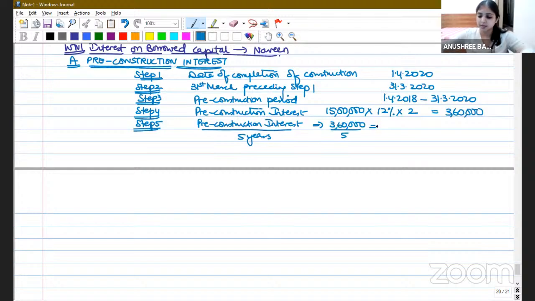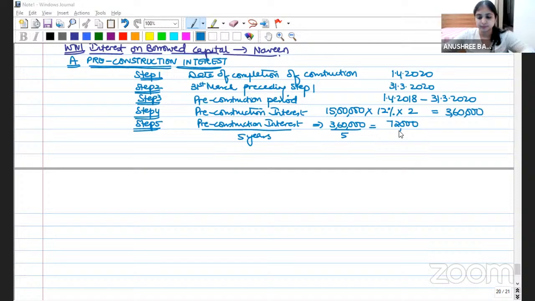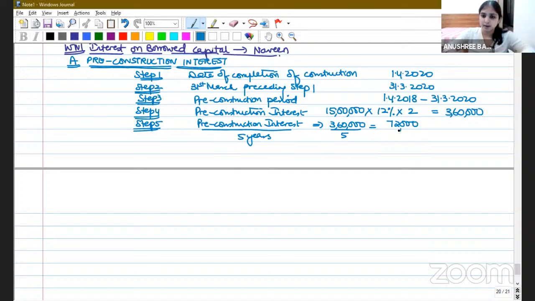What is the amount that you get for each year? Each year you will get 72,000. Right? So 15 lakh into 12% into 2. This is the total pre-construction interest. 72,000 for 5 years you will get as a deduction.